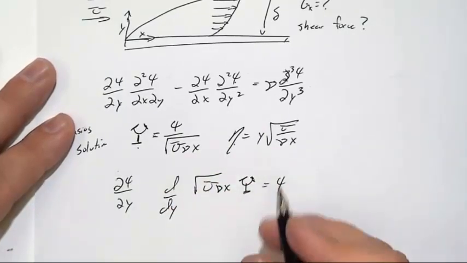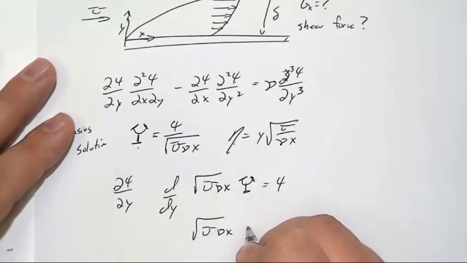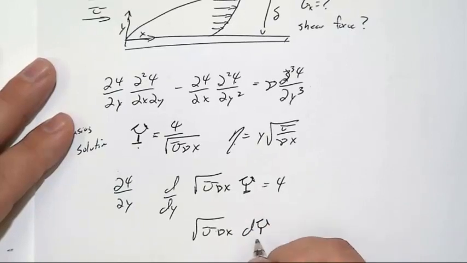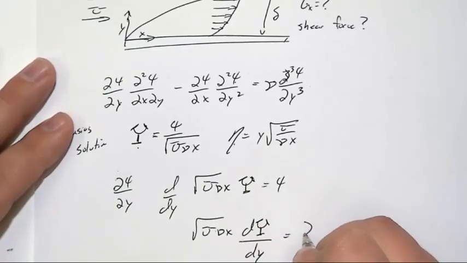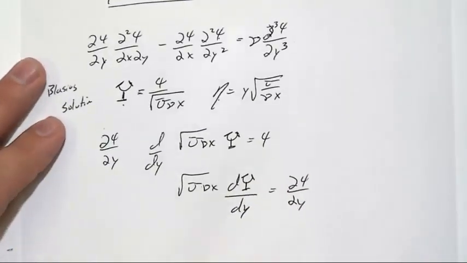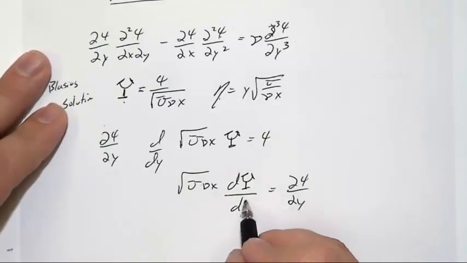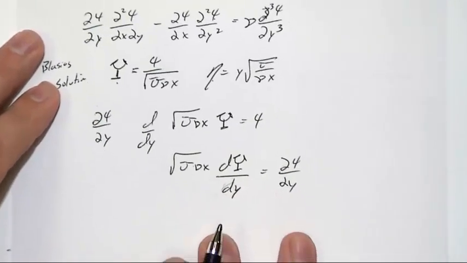We could go ahead and take the derivative of both sides with respect to y. This is just a constant, so that's left alone. So now we have this relationship.